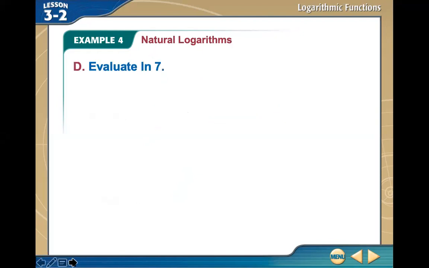Okay. Now, ln 7, what can we say? Directly we should use a calculator, or we can estimate logarithm of 7 to the base e. e means 2.7.